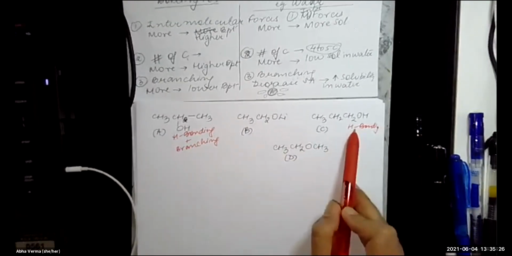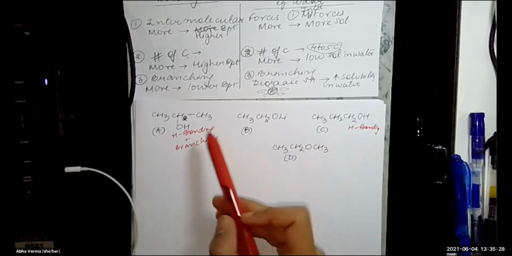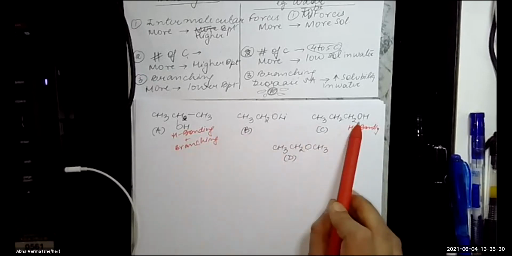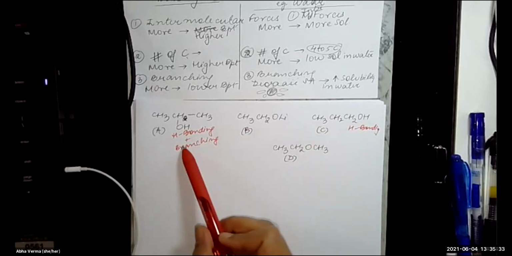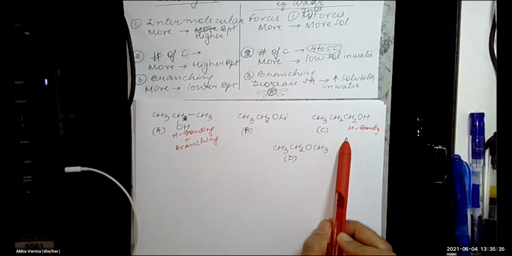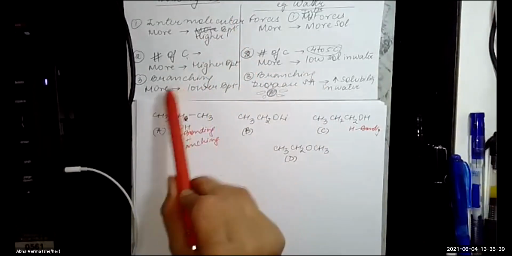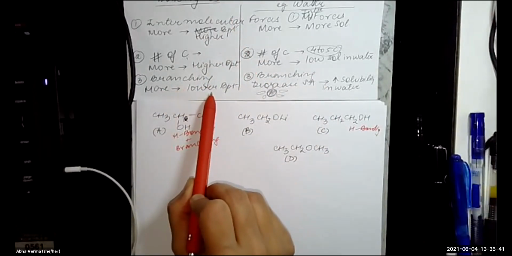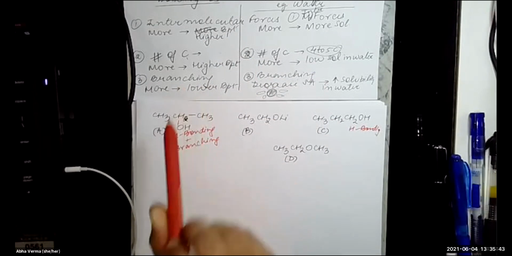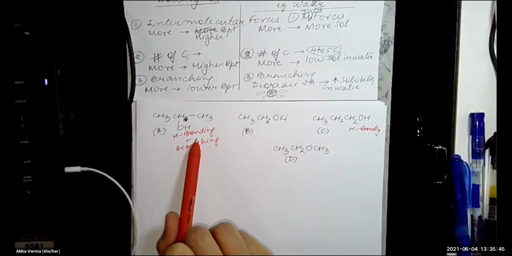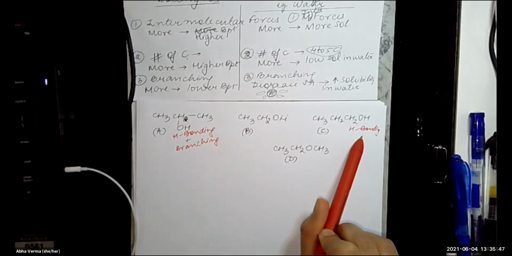So if you compare just these two, which have the same functional groups, OH, who will have a higher boiling point? Let's look at it: branching decreases boiling point. And so this one will have a lower boiling point than this.